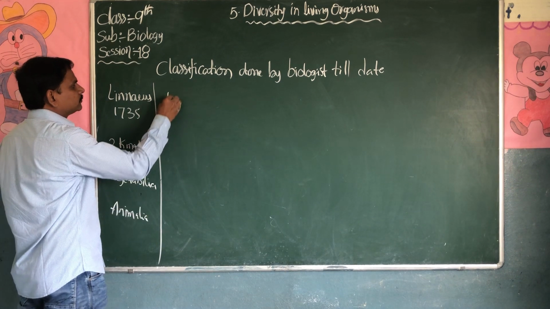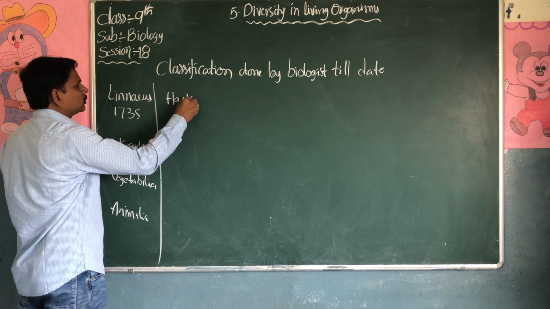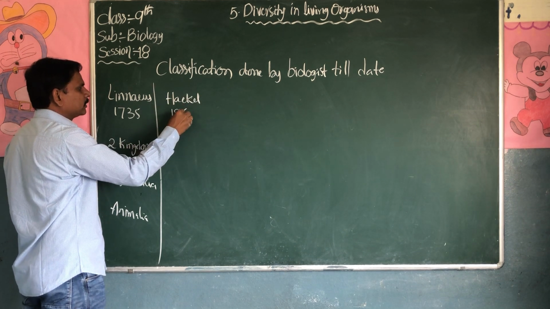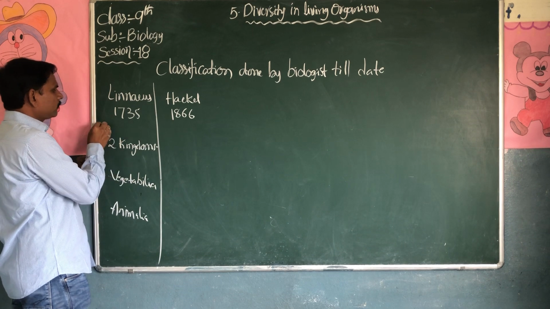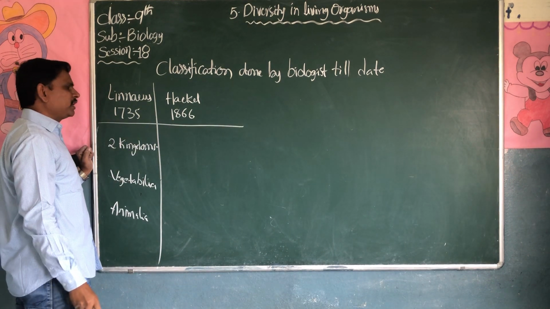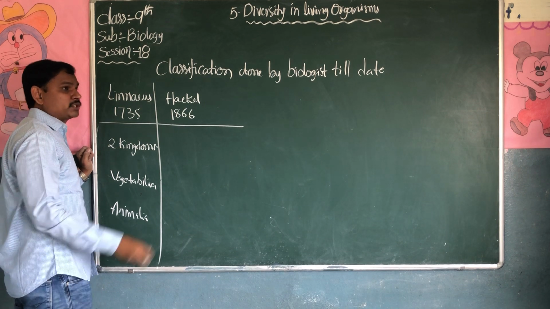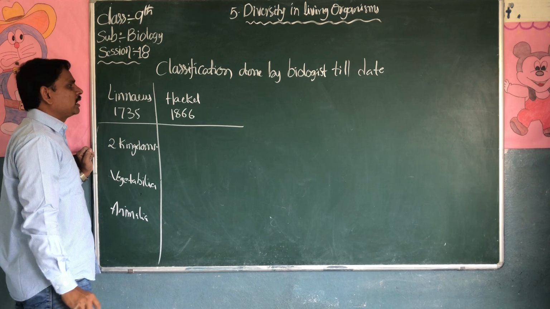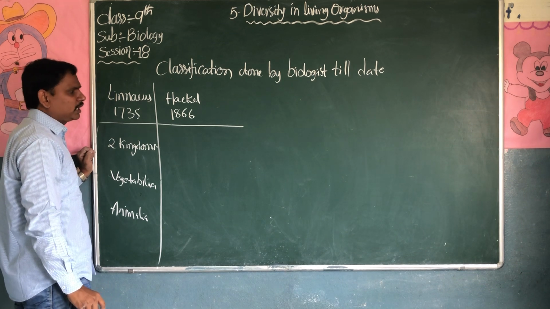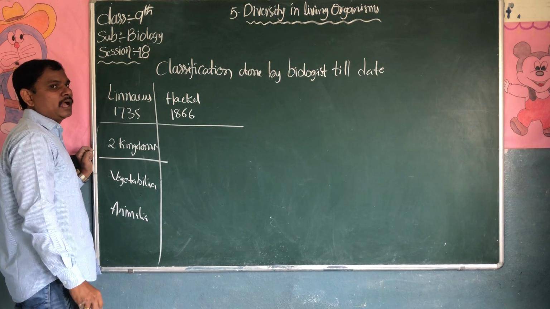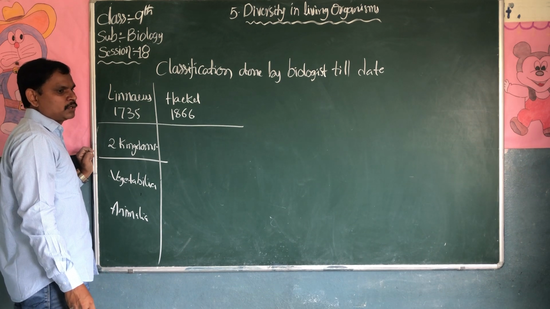Haeckel. In 1866, Haeckel divided three kingdoms. Classification was done by Linnaeus in 1735, who divided two kingdoms, Vegetabilia and Animalia.